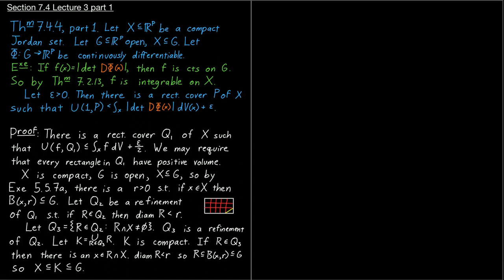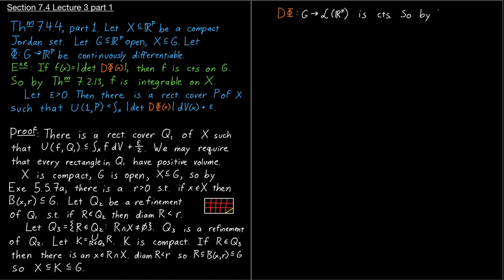Now, let's recall we said phi was continuously differentiable. You can think of the function d phi. It is a function which takes as inputs points in our open set and spits out linear operators. And by continuously differentiable, we mean that function is continuous.